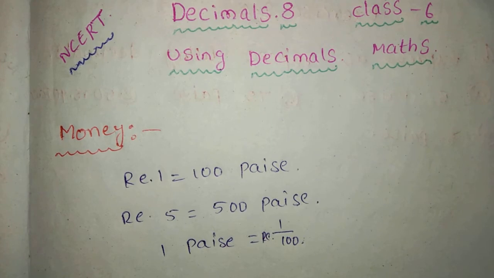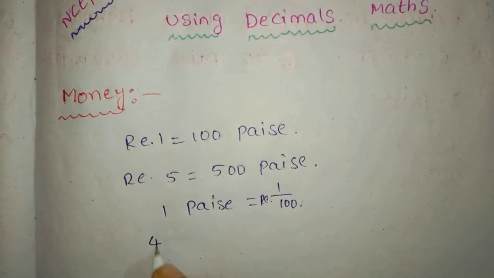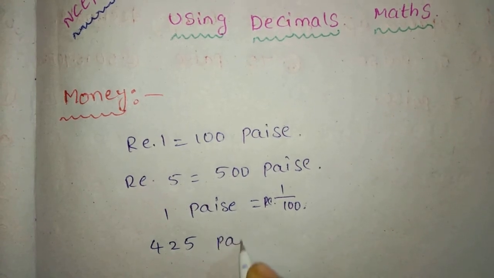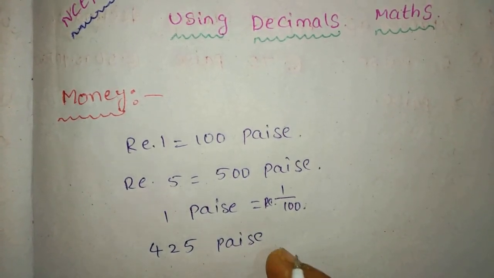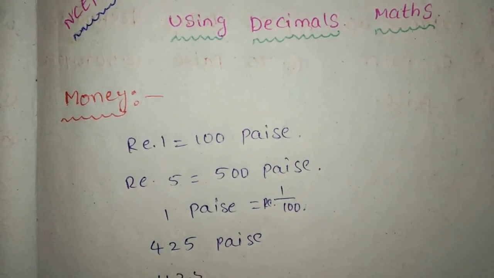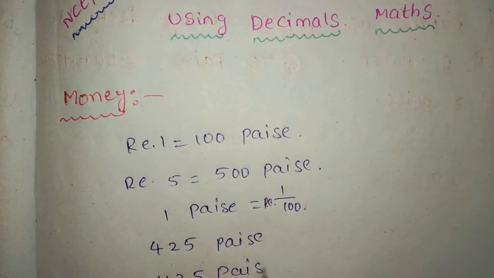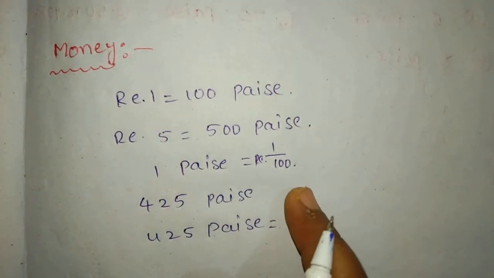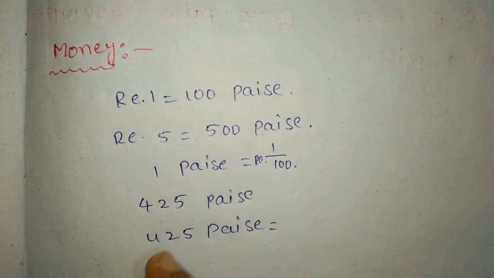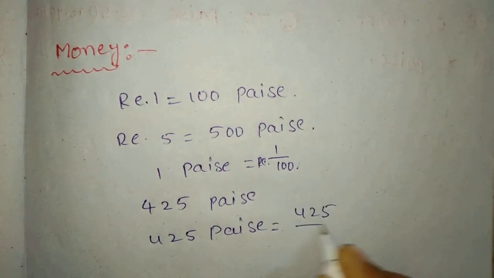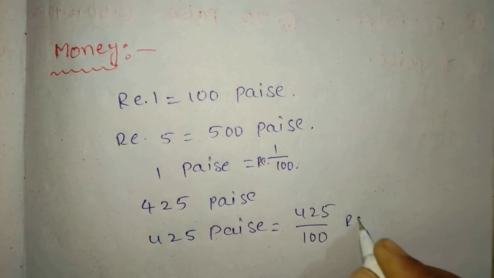So, to represent 425 paise in rupees: 1 paise is equal to 1 by 100 rupee, so 425 paise is equal to 425 by 100 rupees.